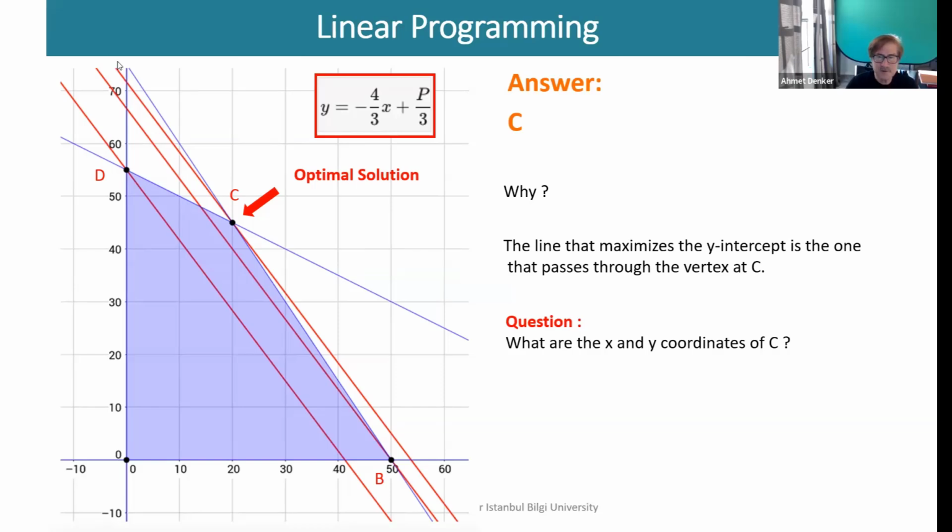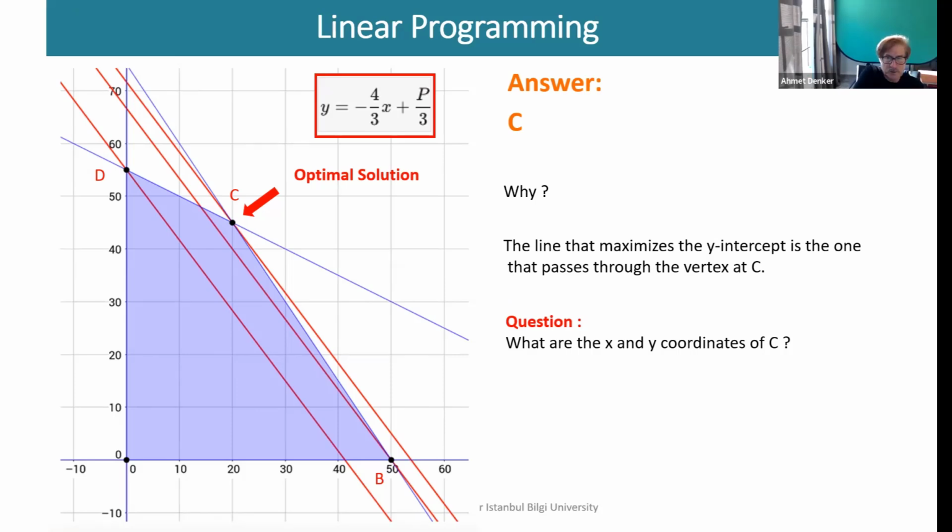Now we have, from the graphical method, figured out that C is the vertex of the polygon which gives me the optimal solution.